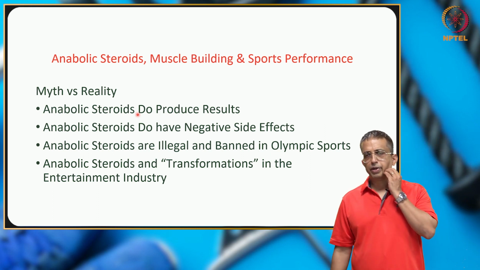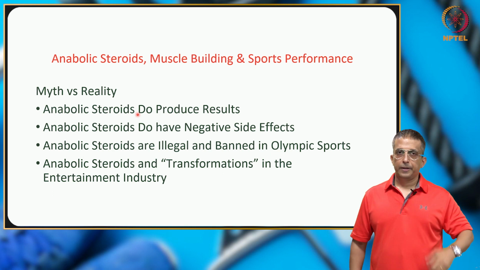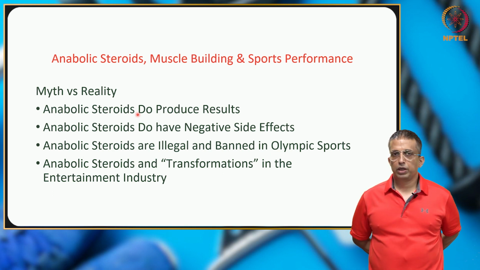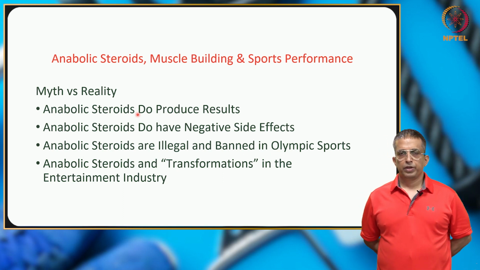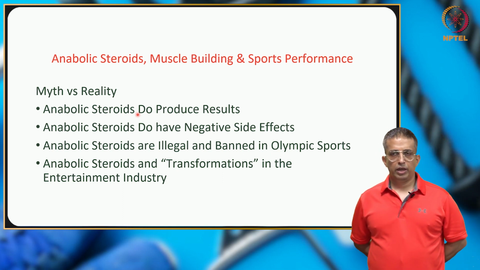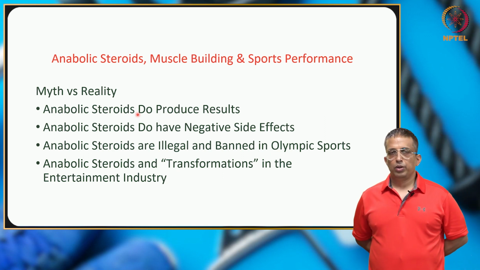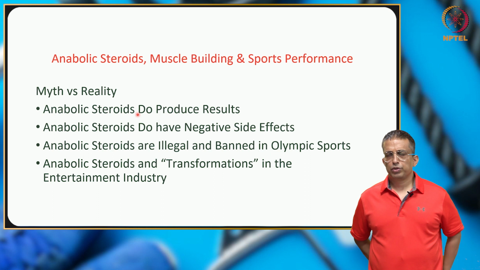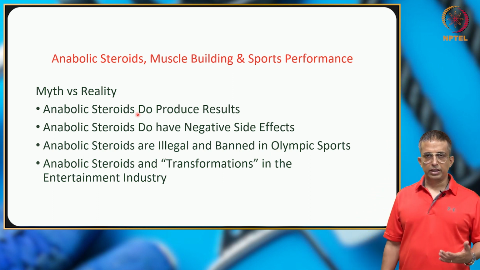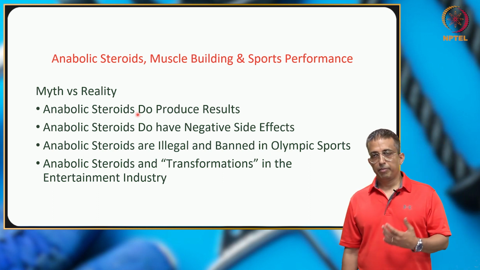And of course we know so many famous cases across the world, right from early days, from Ben Johnson, when he was a sprinter who created a record, and then over time it was found that he was using anabolic steroids to improve his speed, and he was so fast. So it does exist, okay, but they are illegal and they are banned.